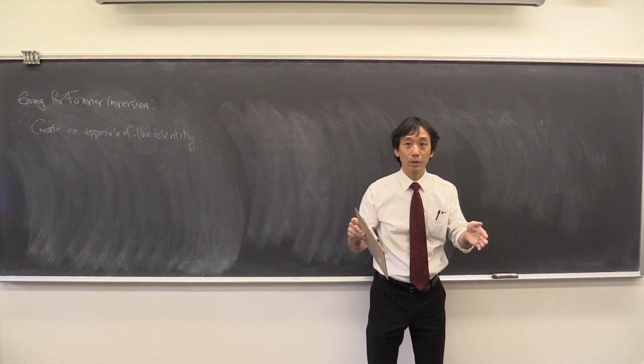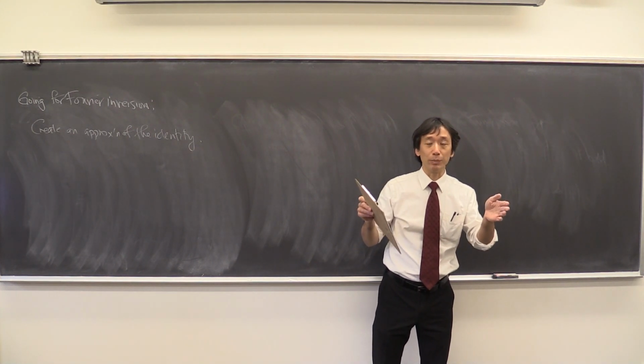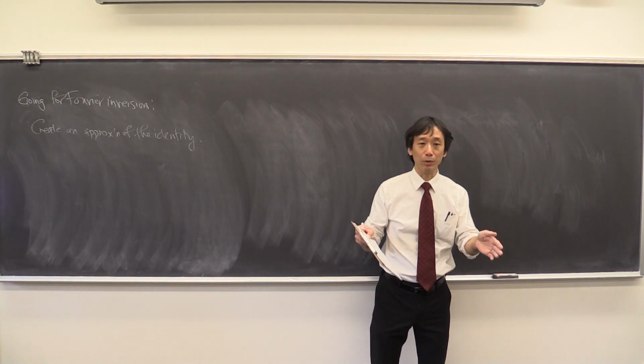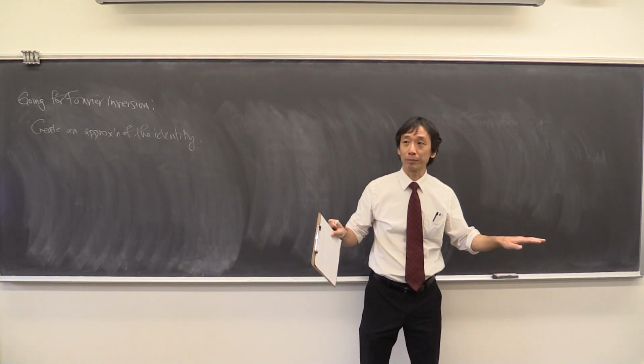We'll want it to be in L1, we'll want the integral of it to be bounded. We want the L1 norm to be bounded, and we also want that third property of decay away from the origin, right?